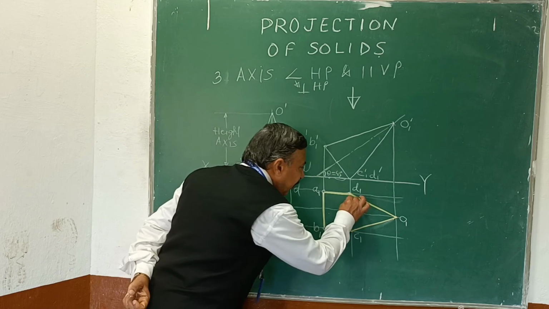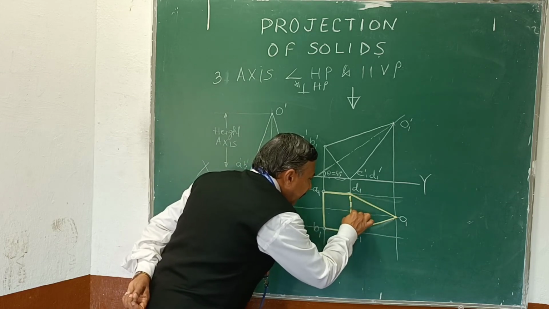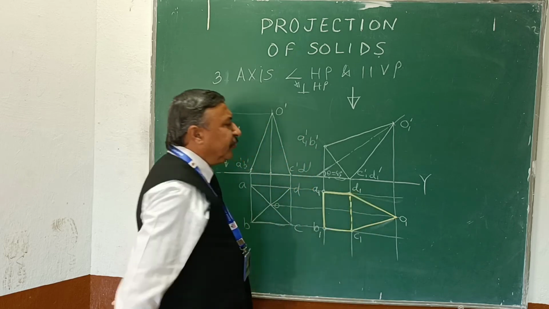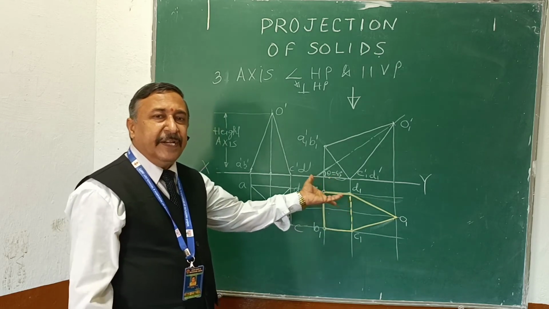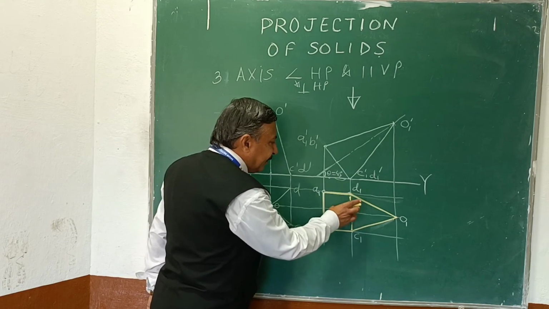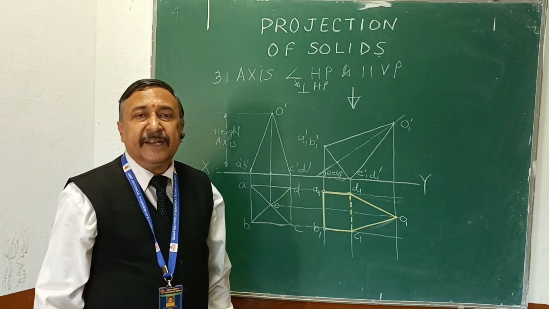So we have to draw or show this edge by using hidden lines. As you know the application of hidden lines. So this is hidden. See, this is hidden line.